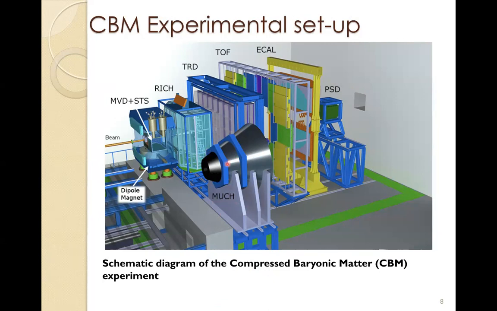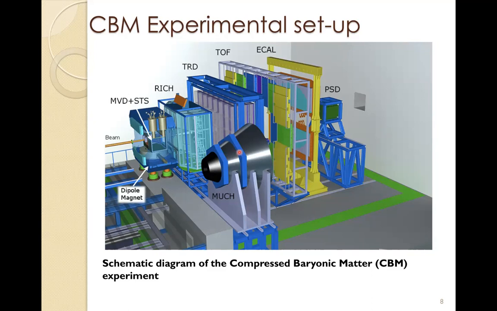Here also we will use GEM detectors in the tracking stations. So there will be 3 detector layers, and in the first 2 stations, here and here, we will use GEM detectors.